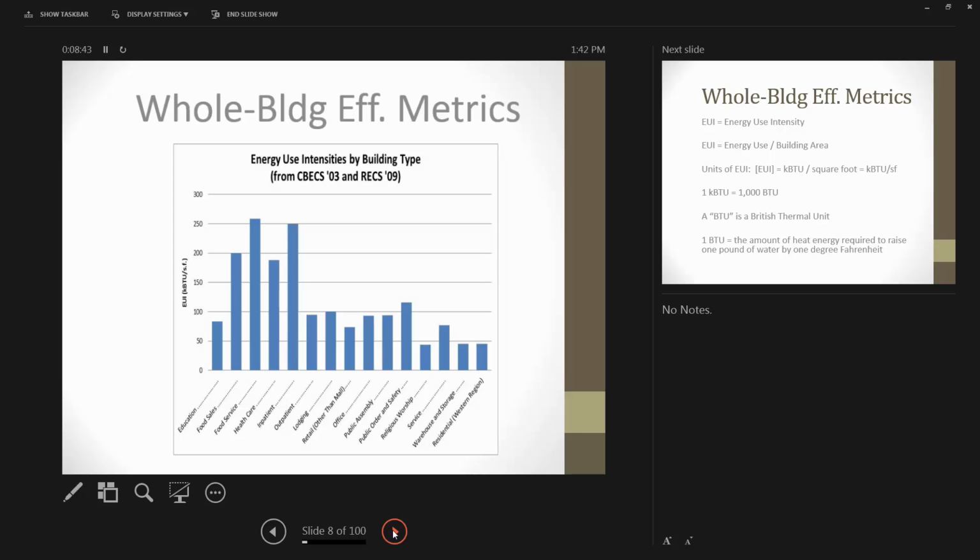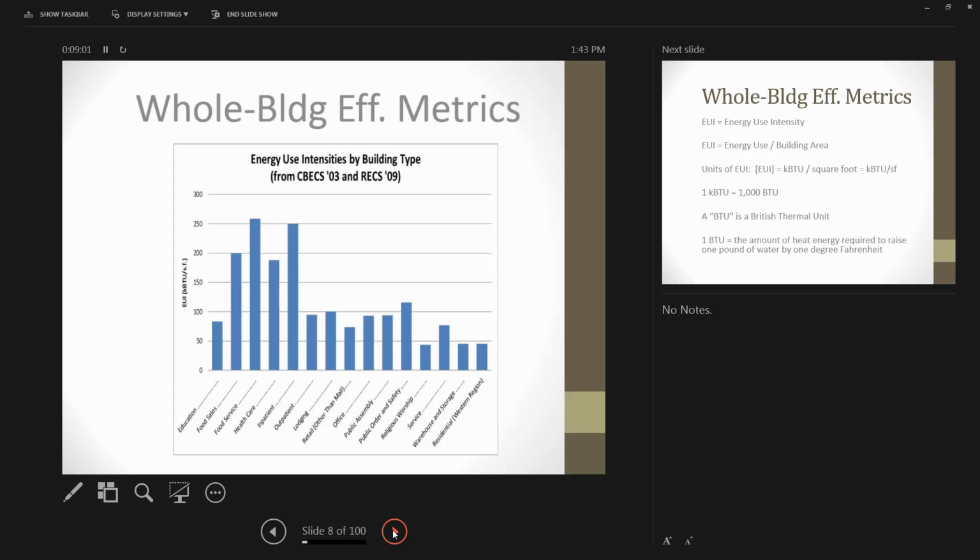Just as an example, you can see on the far right of the graph, we've got the typical Western new construction residential. They've got an energy use intensity that's about 47, 48.